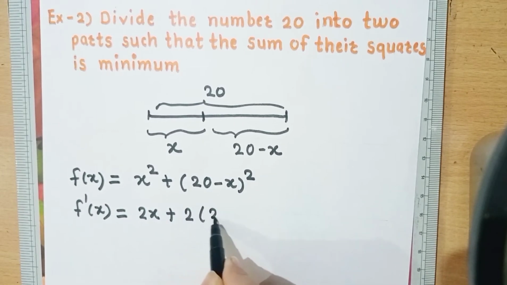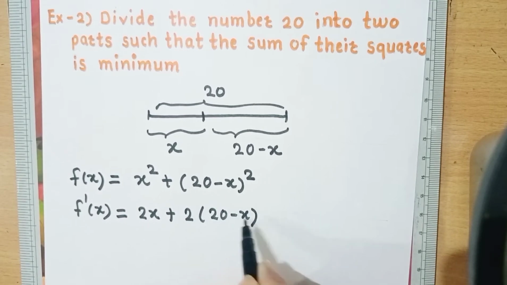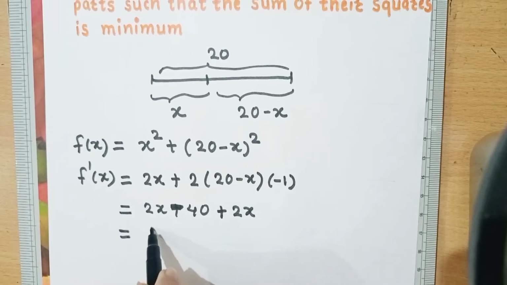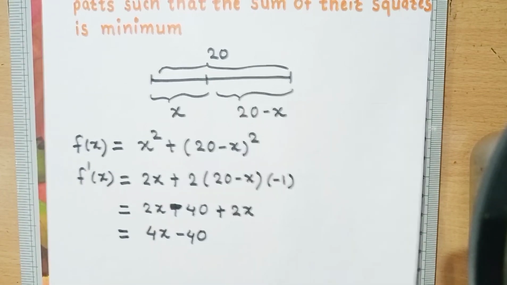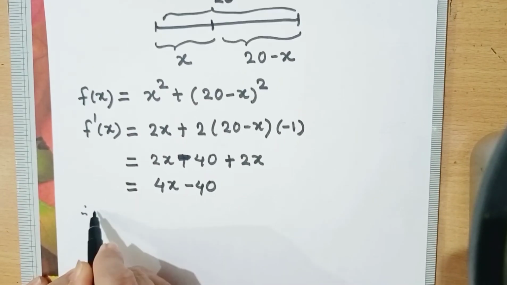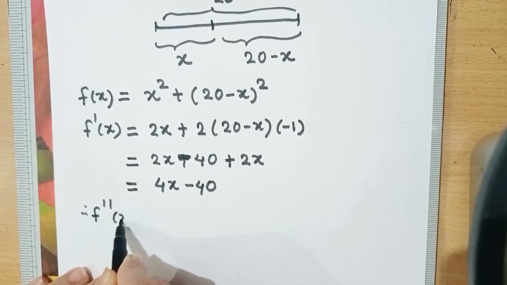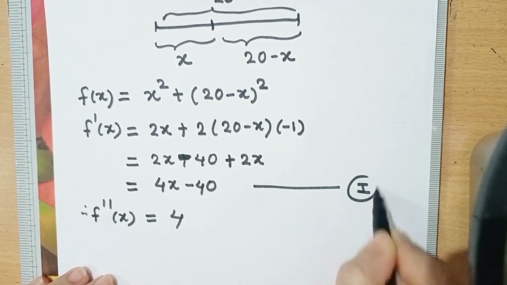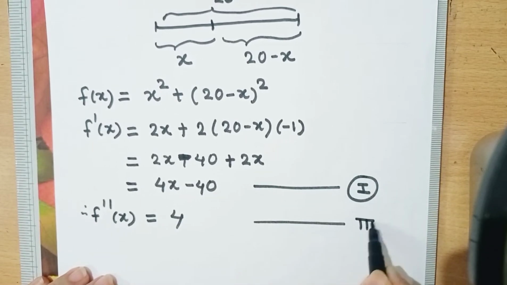So 2, here 20 minus x as it is, and the derivative of this is again minus, so that is equal to 4x minus 40. Now again differentiate, and therefore f double dash of x equals 4. Say this is the first one and this is the second one.